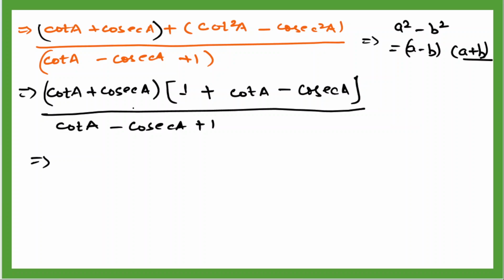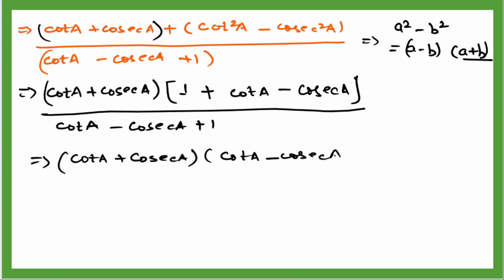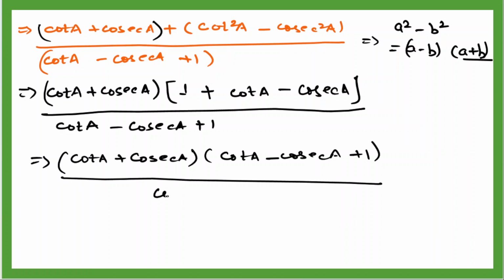Now we can write the numerator and denominator in the same format. We get cot A plus cosec A in one bracket, and in the second bracket cot A minus cosec A plus 1, divided by cot A minus cosec A plus 1.